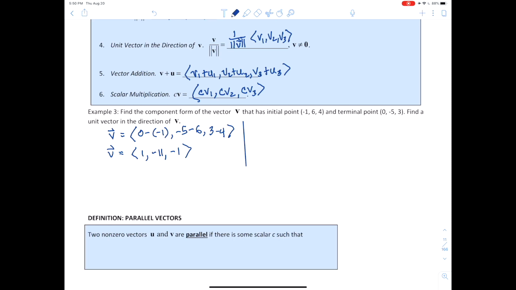So now, what's the magnitude of v going to be? Good. It's just going to be the square root of v1 squared plus v2 squared plus v3 squared. Well, what's that going to equal?